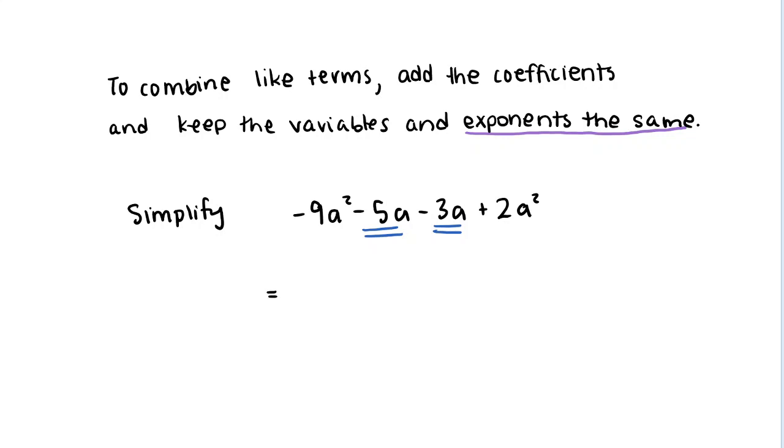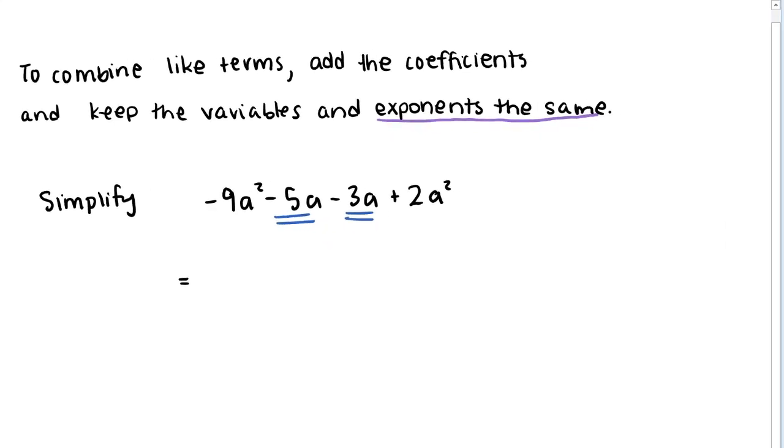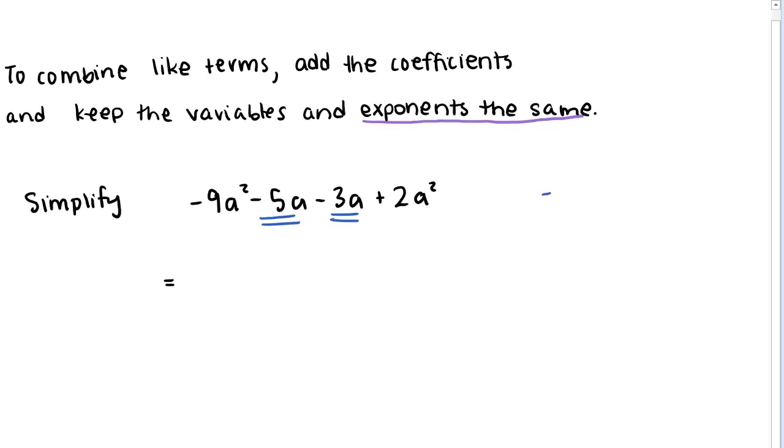That's negative 5 added with negative 3. Maybe I'll write that to the side here. So here, negative 5a plus negative 3a is equal to negative 8a. Right, negative 5 plus negative 3 is negative 8. And so here I'm just going to go ahead and write that down first, negative 8a.